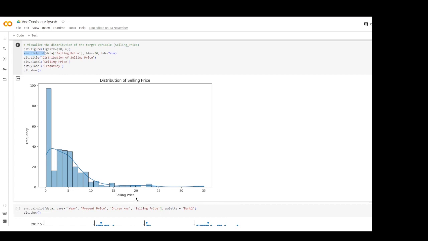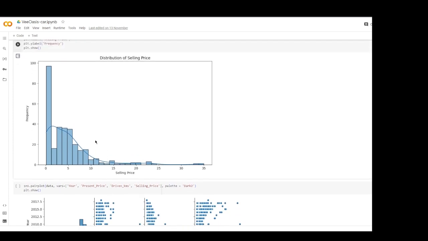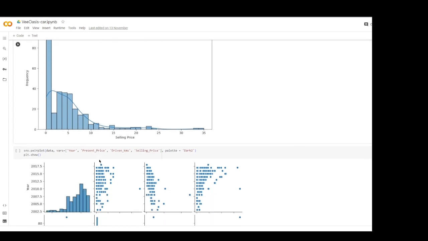On the x-axis we have the selling price, and on the y-axis we have the frequency. And we have KDE set to true over here. That's why we can see this line. So this gives us an overall idea that there are a higher number of cars purchased with a low selling price.